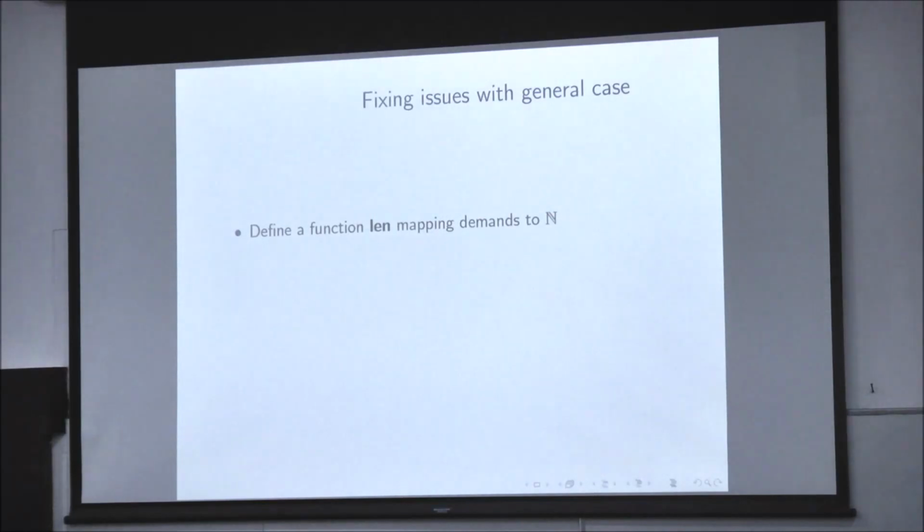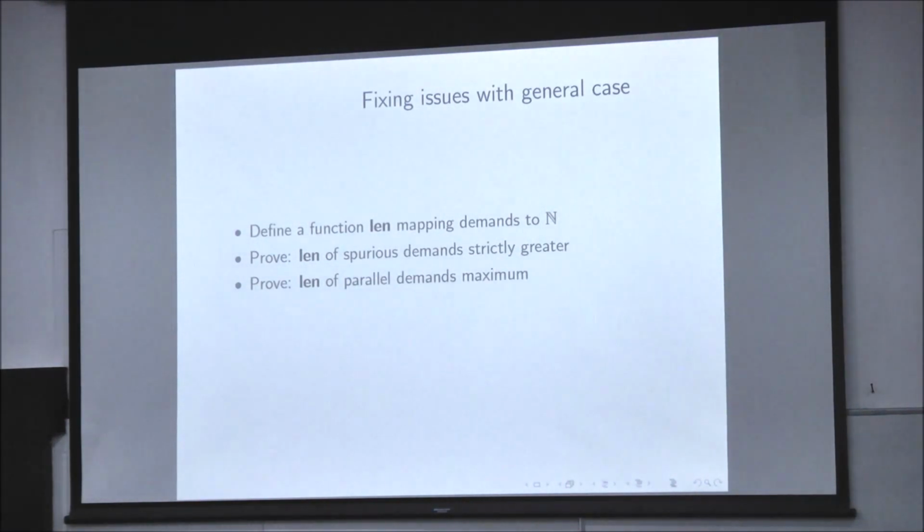So we spent a lot of time trying to find the right invariant to prevent circularity in this argument. So what we finally ended up doing was to define a function length which maps demands to actual numbers such that the length of spurious demands is strictly greater than the length of the real demands. And in fact, the length of parallel demands is the maximum.